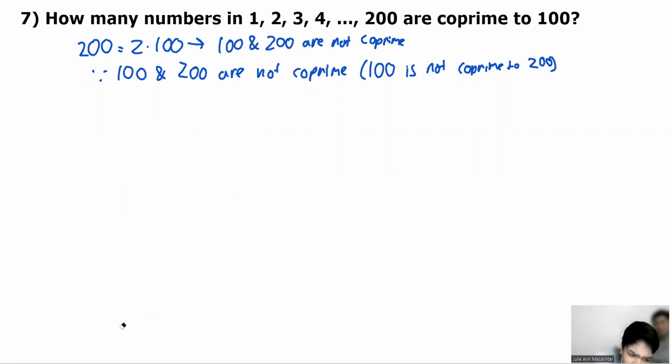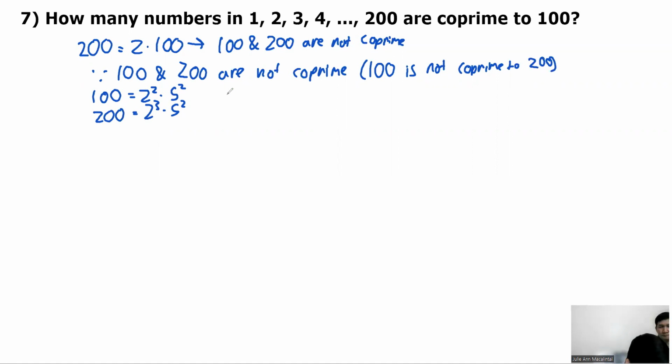We need to use the prime factorization. 100 is equal to 2 squared times 5 squared. 200 is equal to 2 cubed times 5 squared. They have the same prime factors.